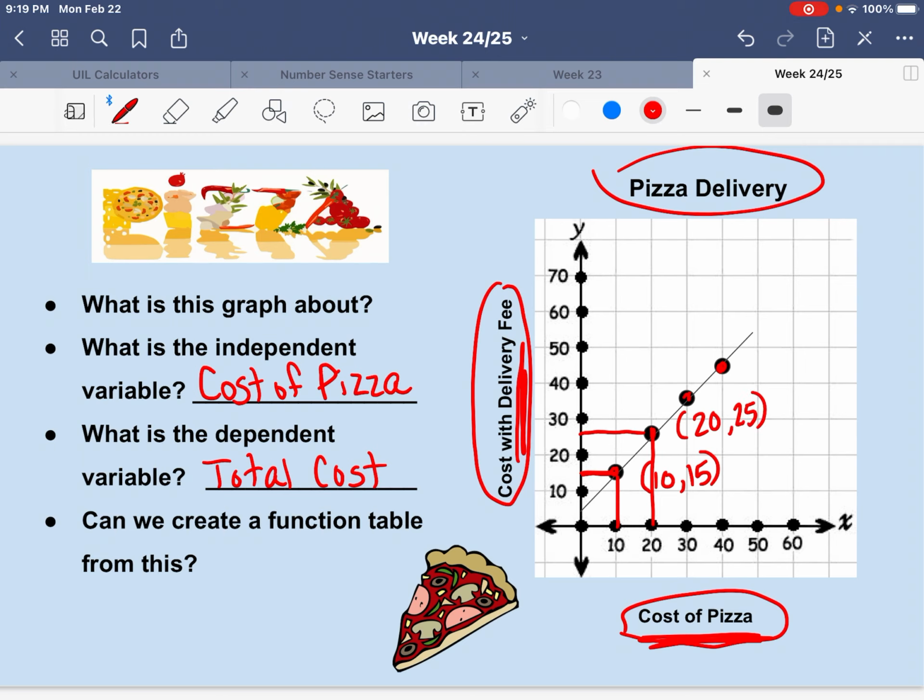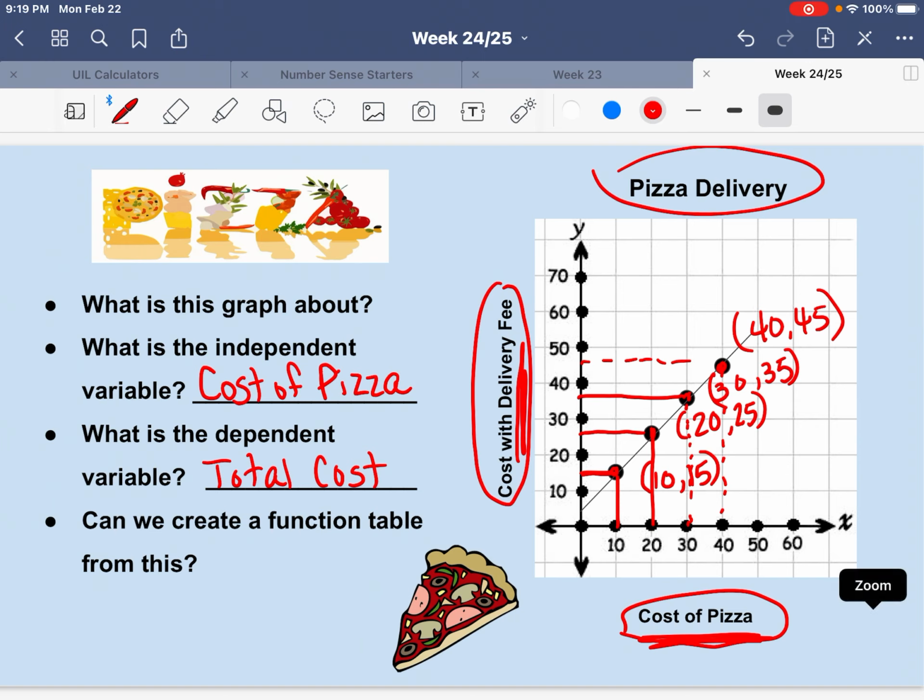This point right here would be 30 and 35. Oh, I think I know what the delivery fee is. Do you? Let's look at this last one. Would be 40 and 45. So we could use those points that are on that line to make our table.